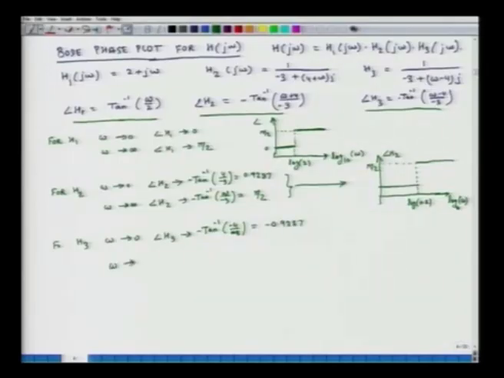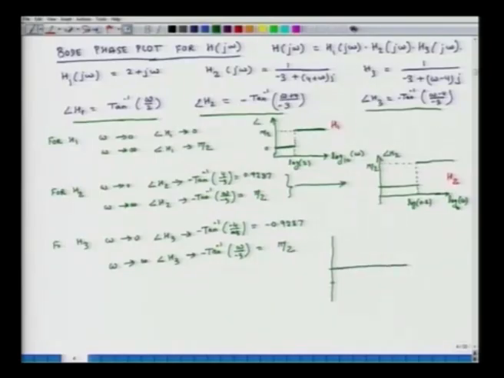And as omega approaches infinity from the positive side, then H3 phase approaches negative of tan inverse of omega over negative 3, and that is pi over 2. So, just for purposes of clarity, let me label this. This is the phase plot for H1, this is the phase plot for H2, and now I am going to construct a phase plot for H3.